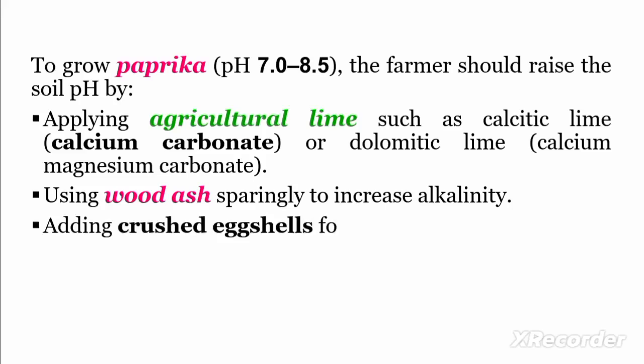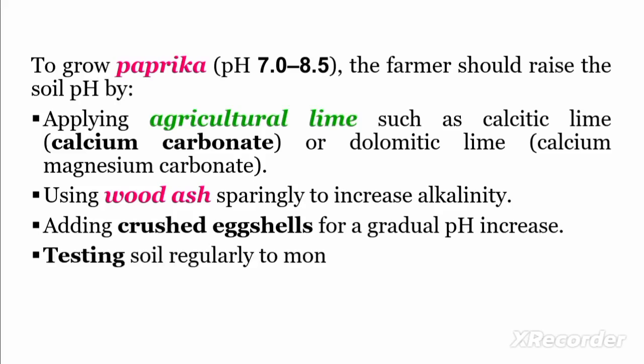Adding crushed eggshells gives a gradual pH increase. These are some of the measures a farmer needs to consider to increase the pH of the soil so that it can become suitable for paprika, or testing the soil regularly to monitor the pH.